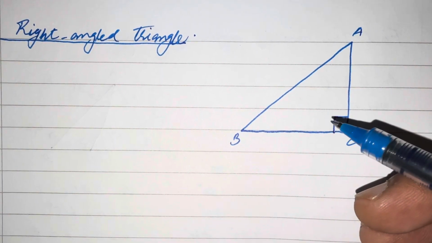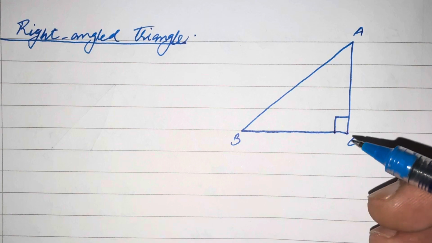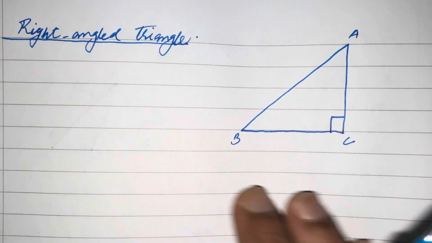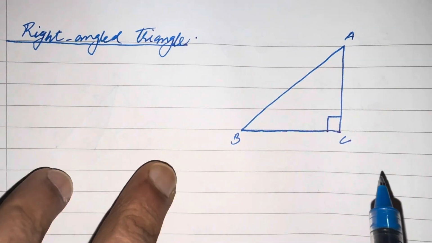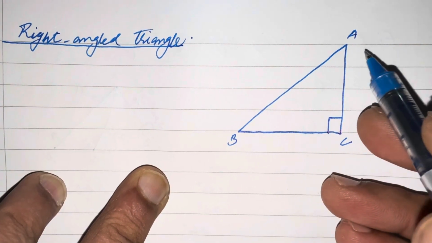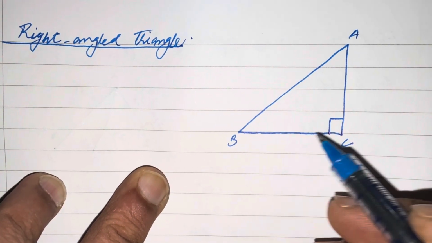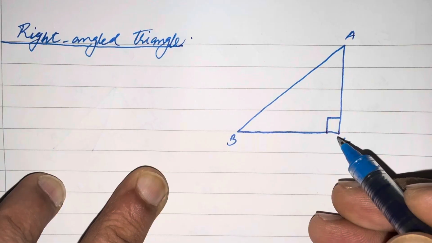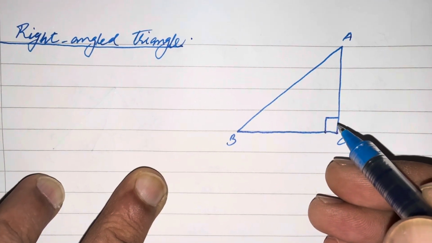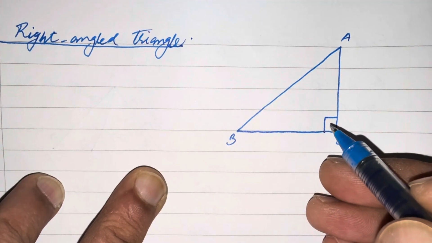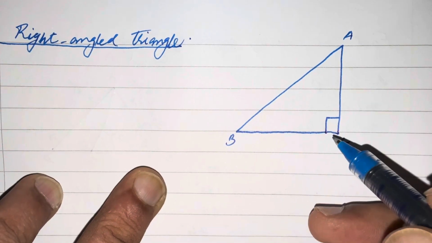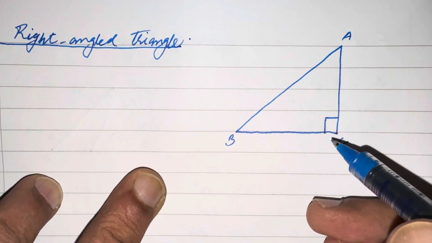Now I'm going to tell you what the Pythagoras theorem says. If you draw a right angle triangle like this, A, B and C, where C has a right angle, or the point C has an angle of 90 degrees, that kind of triangle is called the right angle triangle.